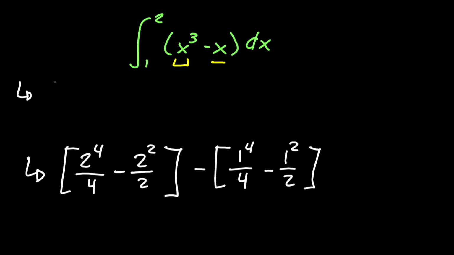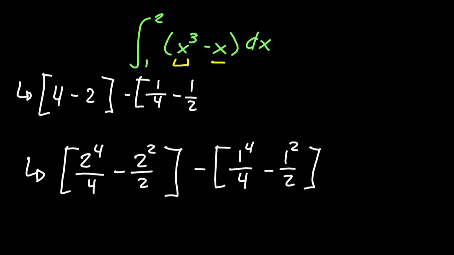2 to the power of 4 would be equal to 16 over 4, which makes this 4 minus 2 squared is 4. Divide by 2, which makes this 2. Minus 1 to the power of 4 is 1. 1 squared is also 1.